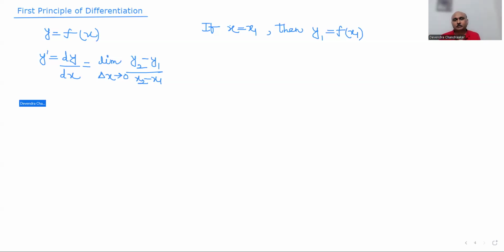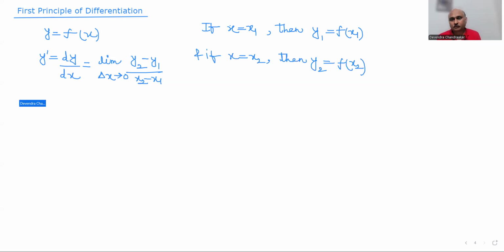So if x is equal to x1, then y1 is f of x1, right? And if x is equal to x2, then y2 is f of x2. I hope all of you understood this. Yes or no?